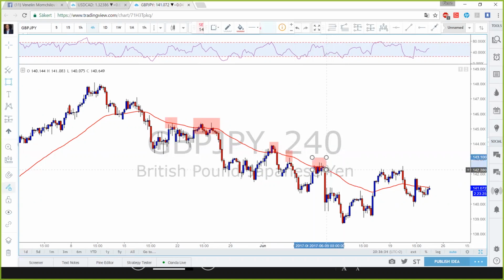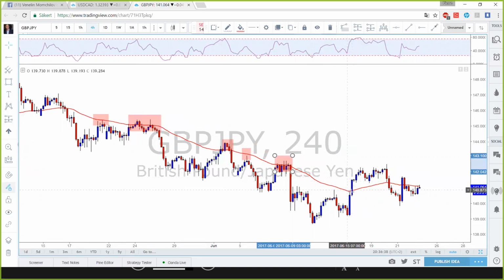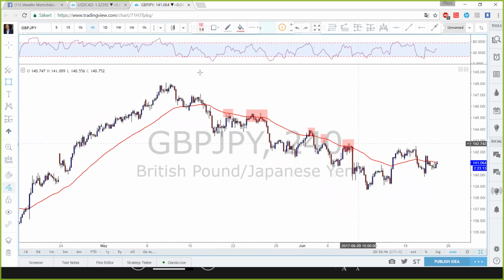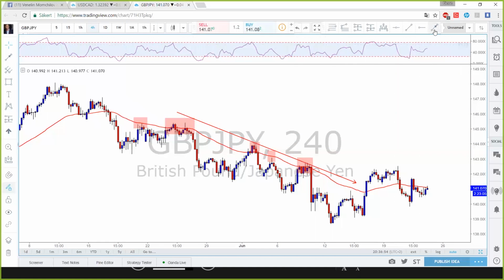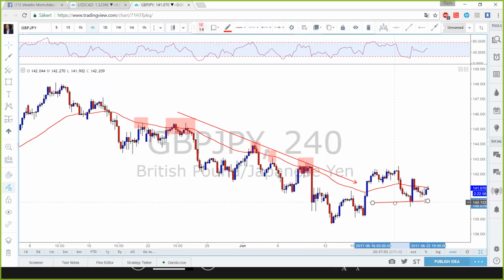Here price struggled for 5, 6 4-hour candles, and this week we had the break, and now this trend line is not as steep as before, and now it looks more like a sideways market, and that was said today in the room.